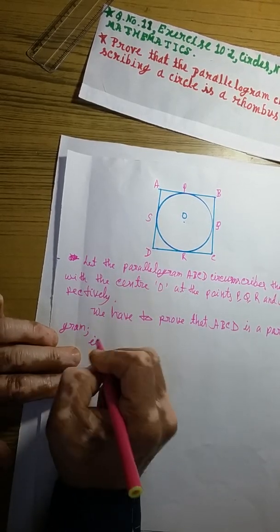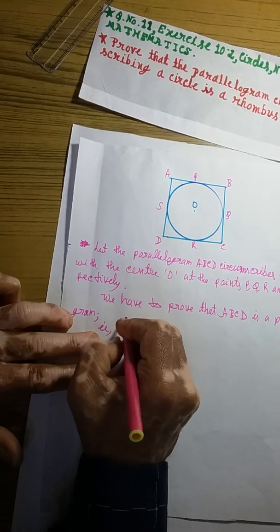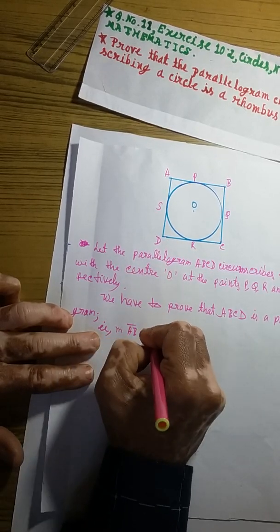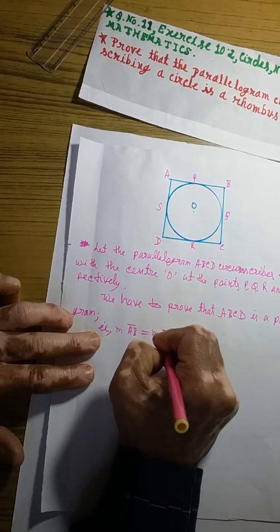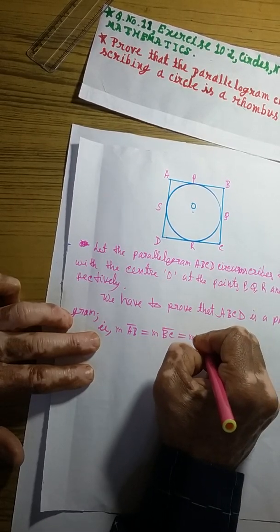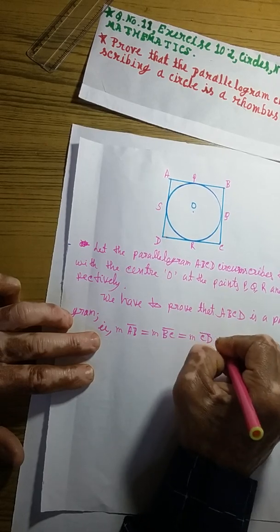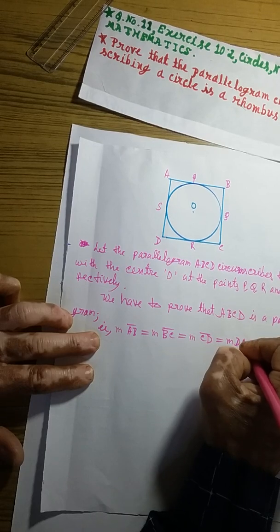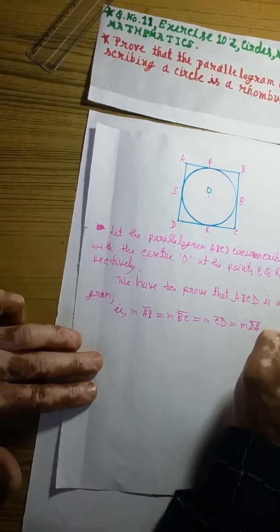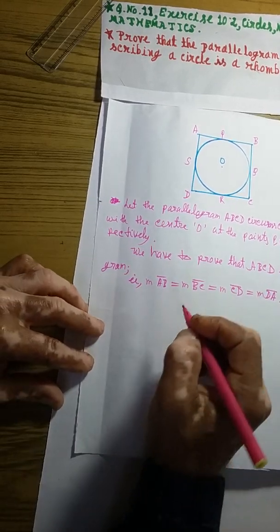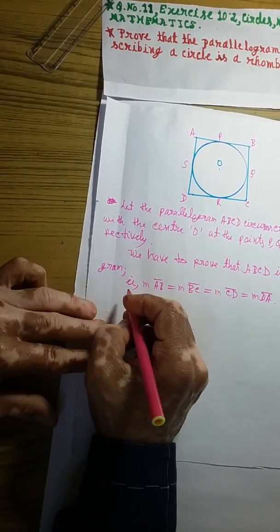That is, measure of the side AB is equal to measure of the side BC is equal to measure of the side CD is equal to measure of the side DA. So to prove, let us proceed in this way.